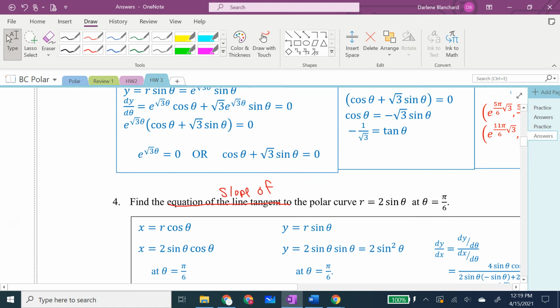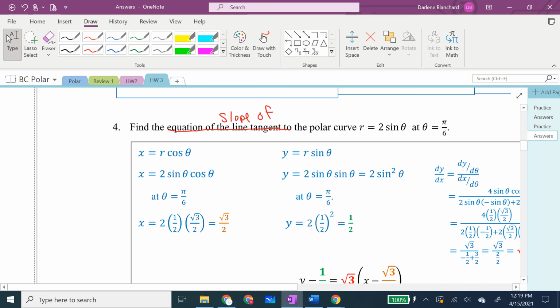Also understand that if you're doing an equation of a tangent line with a polar graph with the xy ordered pair, you need the xy ordered pair through the formulas. They probably would not go quite that far because it's time consuming.